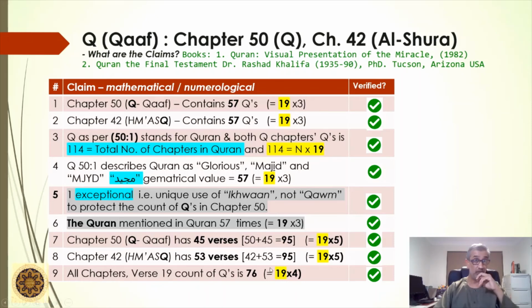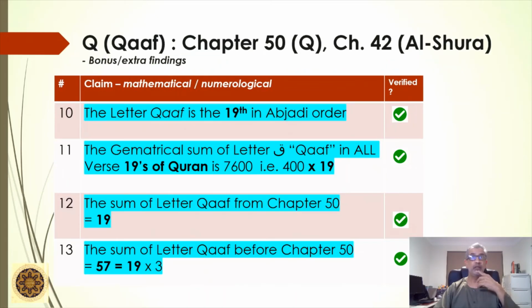Now, in terms of the last one, we actually had some bonus findings as well. If you just added the Qafs in all verse 19s of the Quran, you ended up with 76, which is also divisible by 19, so it's a multiple of 19. These are the bonus things that I came upon.